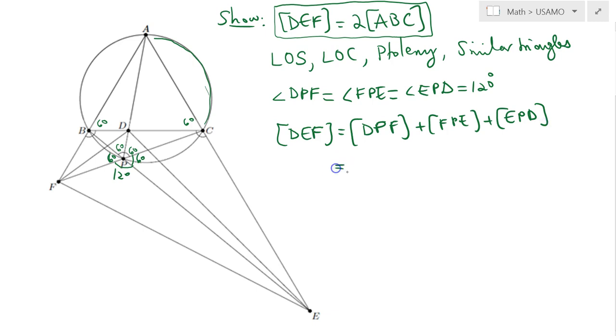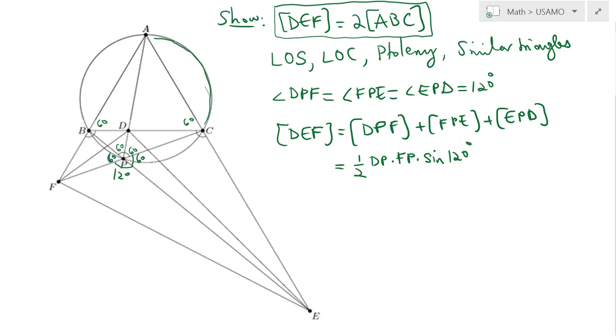Now you need to recall the alternative area formula. For instance, applying it on triangle DPF, it's 1/2 times the length DP times FP times the sine of the angle between these two sides, which is 120 degrees.